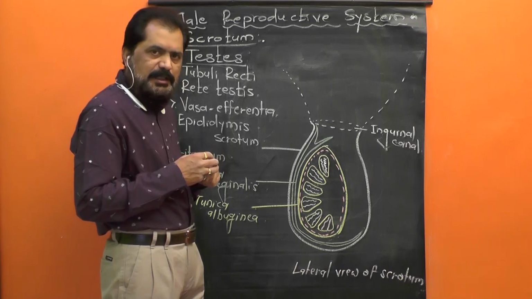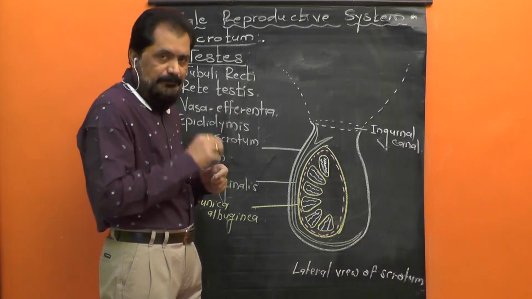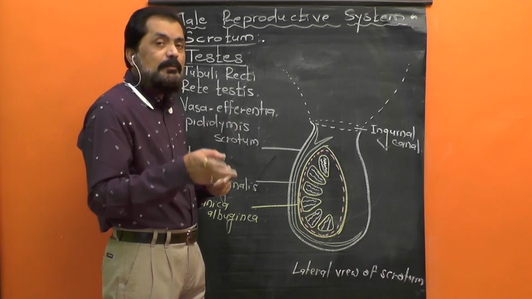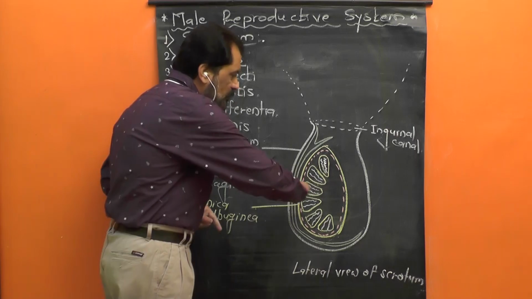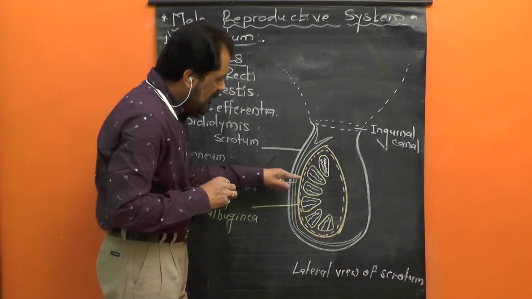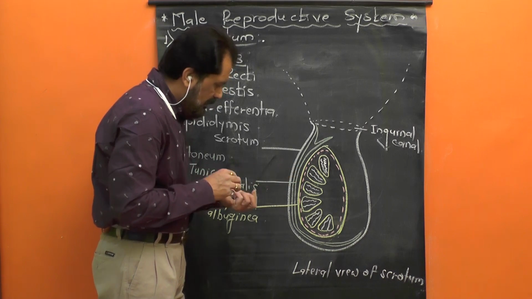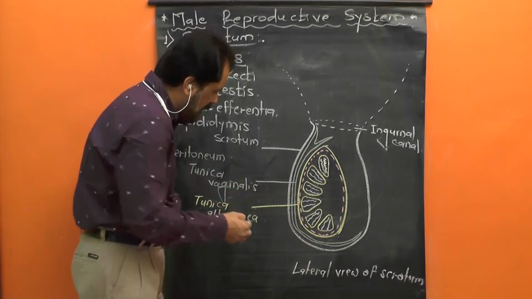अर्थात हे का तयार झाले? These lobules are formed because of septa. Septa, plural form of septum, padde, sent by the tunica albuginea into the testes. Now the inner layer I have shown with the help of pink and dotted line.